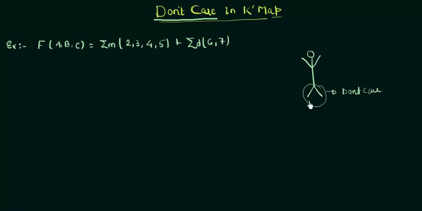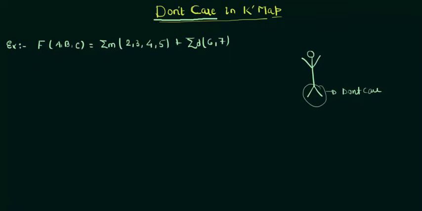So we will see how to use this don't care along with the compulsory conditions, or the min terms, which represent your function, to reduce your function to a much minimum form. Before wasting any time, let's see this example. There is a 3 variable function f, which has the min terms m2, m3, m4 and m5.